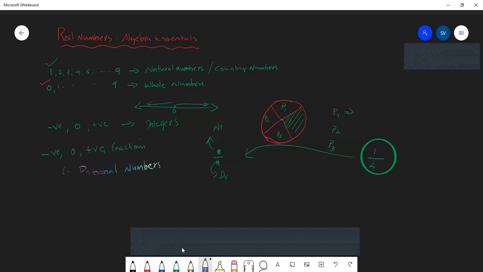Starting from natural numbers, whole numbers, integers, and rational numbers, all together I can call the real number system. Now you know what a real number system is. What are the elements in that real number system?